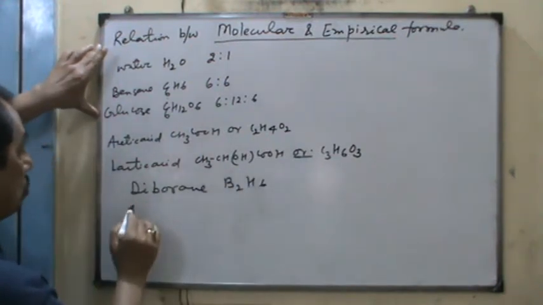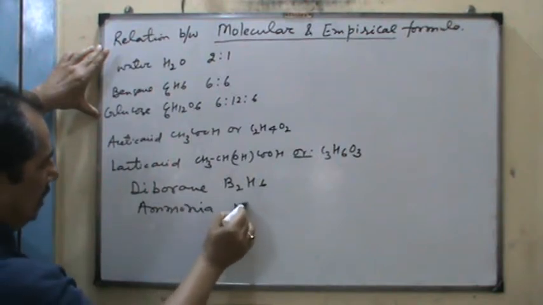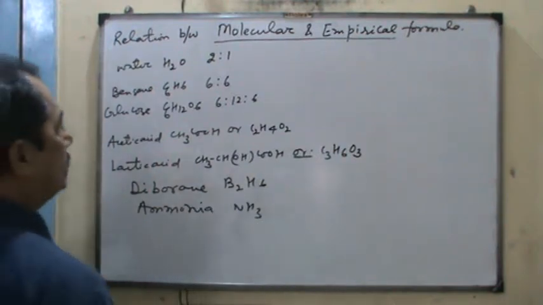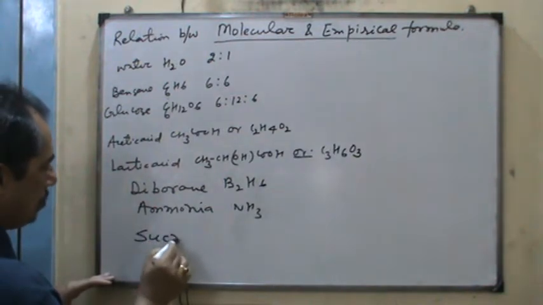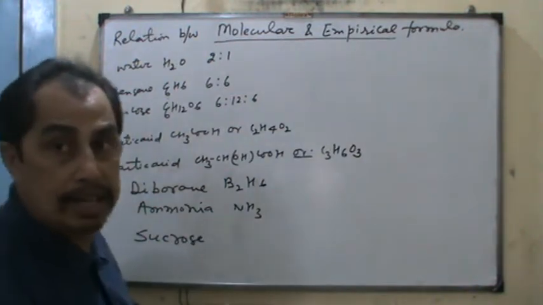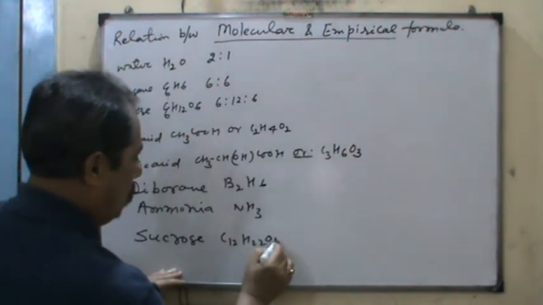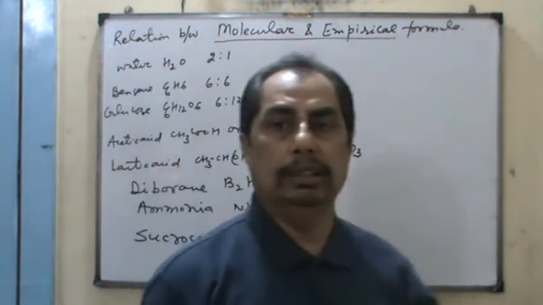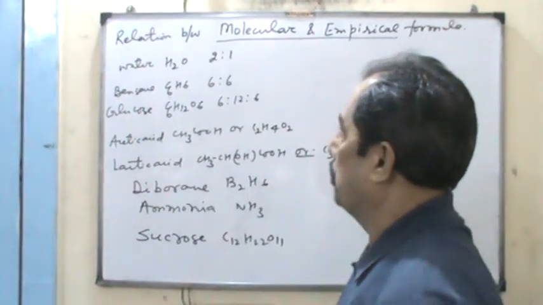If I say ammonia, what is the formula of the ammonia? NH3. Like this. If I say the formula of the sucrose is, dear students, it is what? C12H22O11.